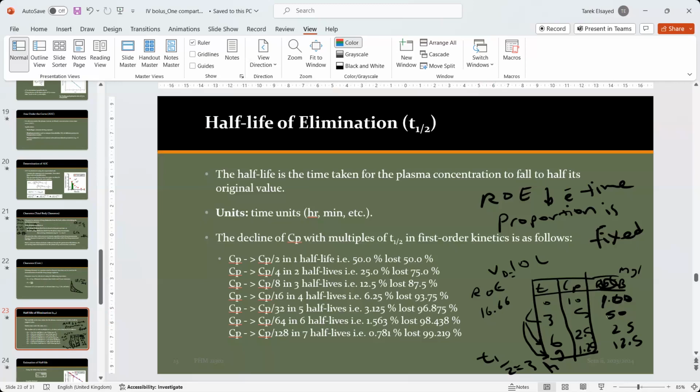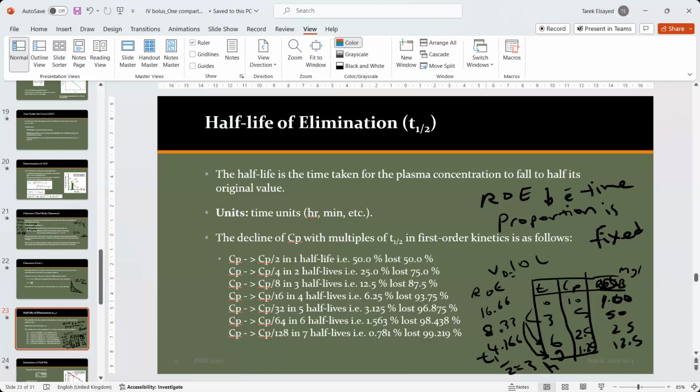Then in the second 3 hours, from 50 to 25, you lost 25, divided by 3 gives you only 8.33. In the next 3 hours, from 25 to 12.5, you lost only 12.5 in 3 hours, which means you lost 4.1, probably 6, and so on, almost, okay?